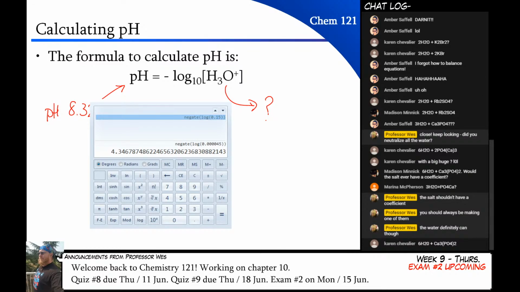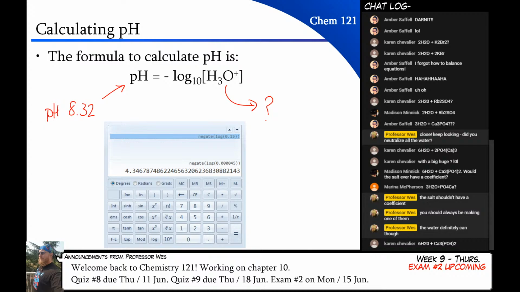Oh, you can't even see my number. There you go. How do you undo log? I'll give you a hint. We taught you this in Math 86, which is a long time ago, I realize. I'll give you another hint. That 10 there is not for show.